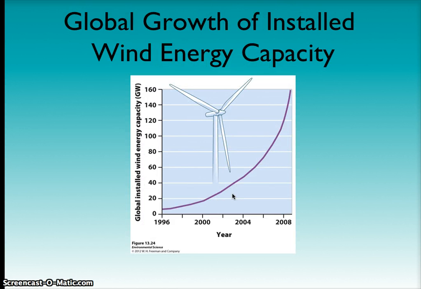And here we can see that wind capacity is one of the largest growing fields of electricity generation in the world. We can see that the global installed wind energy capacity, so in terms of the gigawatts of electricity that we can produce, has increased exponentially over the past 10 or 20 years or so.